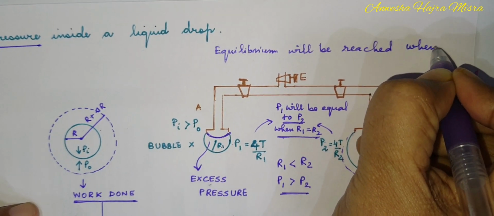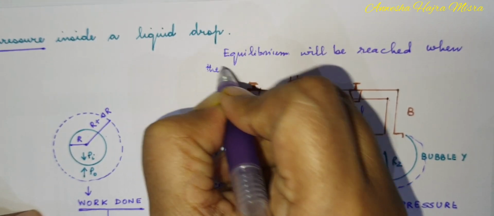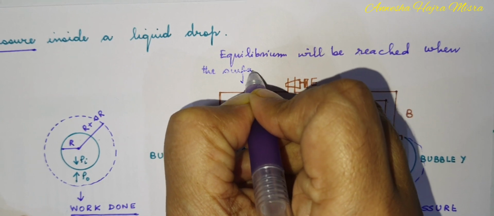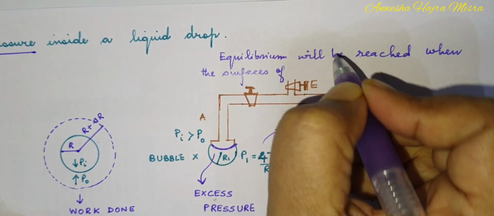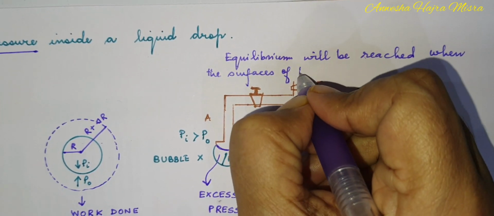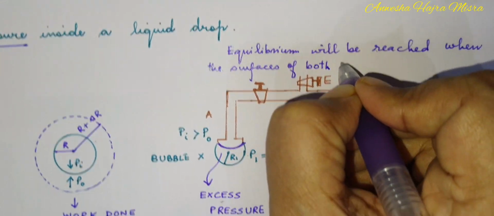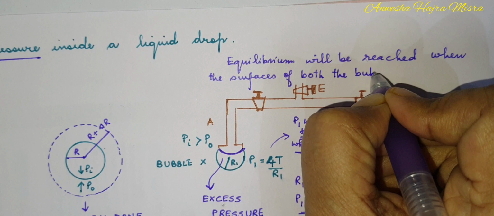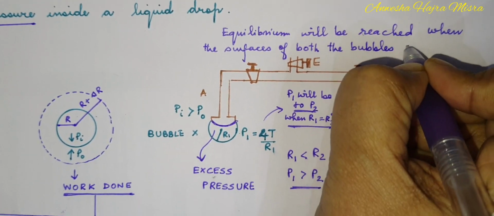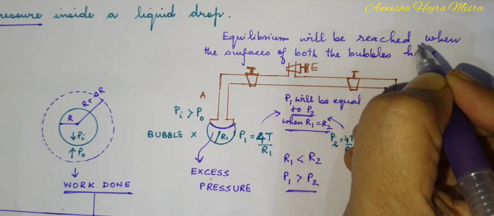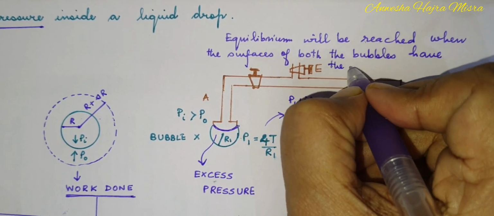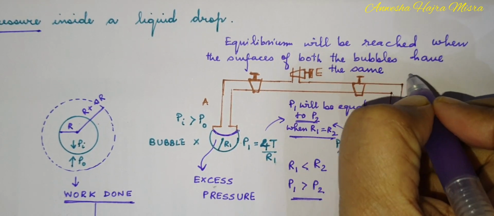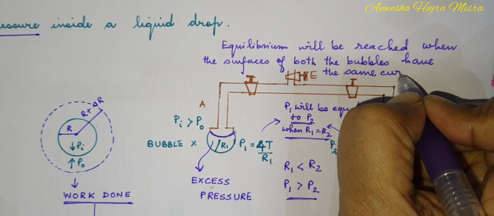when the surfaces of both the bubbles have the same curvature.